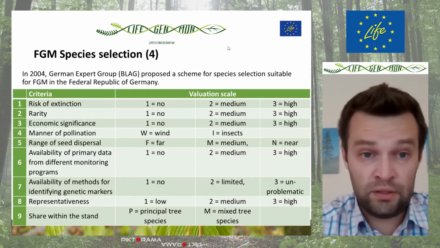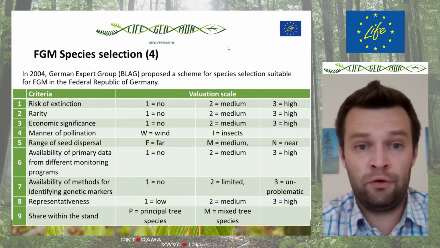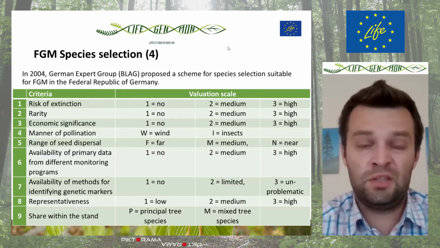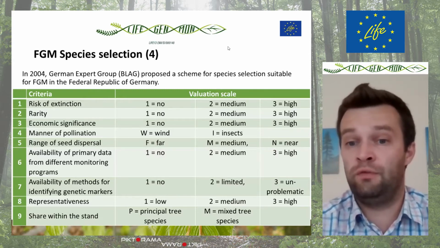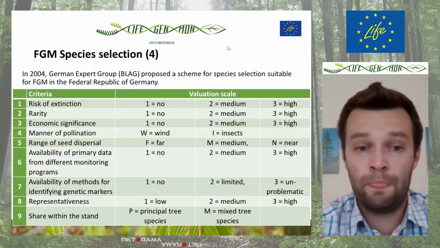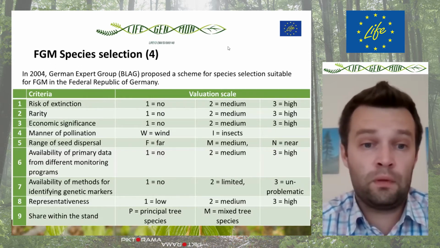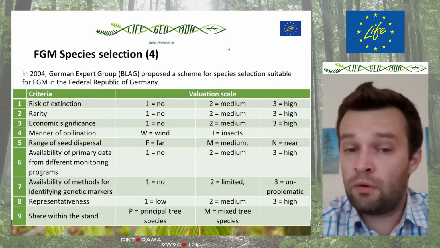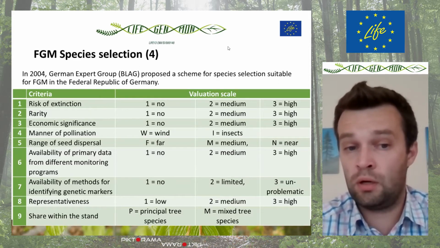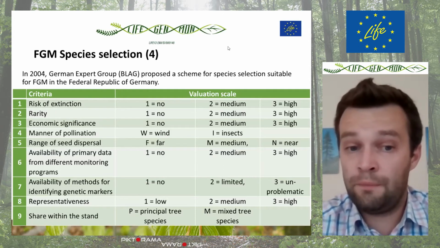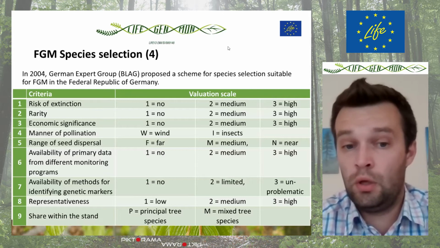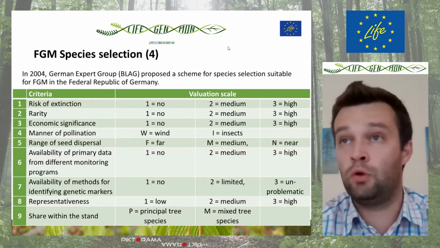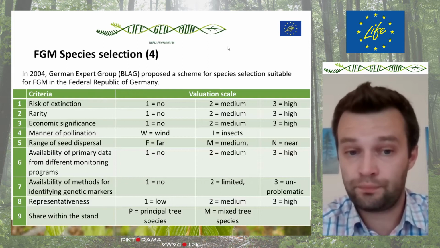As you can see, the 9 main criteria are like risk of extinction, if it is high or there is no extinction risk, rarity of the species, economic significance of the species, for example, manner of pollination, whether wind or insect pollinated species, and the availability of primary data from different types of monitoring programs, or maybe genetic data already available, or genetic markers which can be used for genetic monitoring, which makes the genetic monitoring a bit easier.